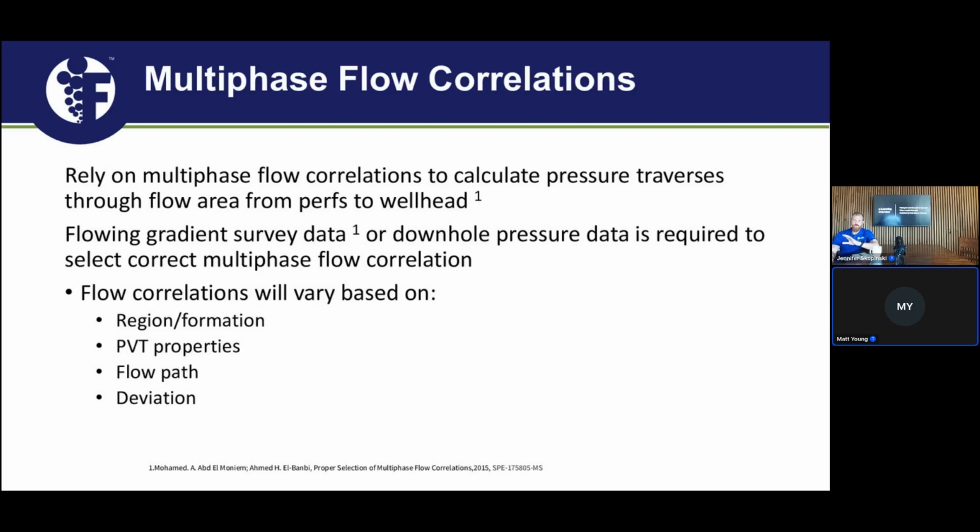Again, just generalizing here. And then for larger tubing sizes, bigger than 3.5, or annular flow, Ansari seems to be a pretty good flow correlation.